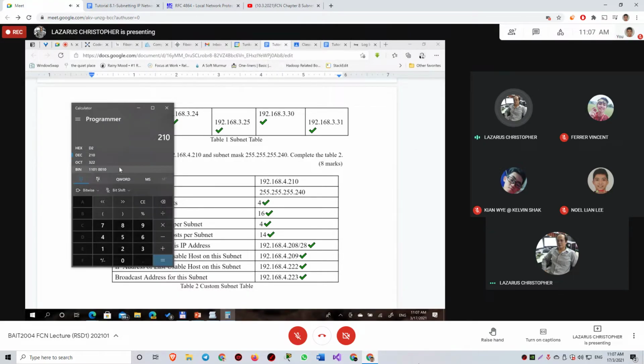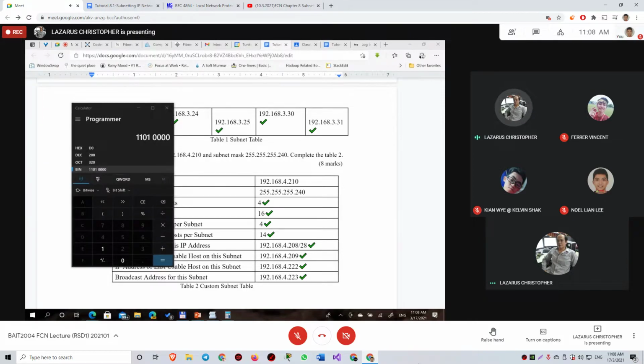So we plug it in, 11010000, so 208. And that's your answer. That's the fastest way to get it. Do the ANDing. And don't forget, the network address needs the prefix. So this is slash 28 because 24 plus 4 bits borrowed is 28. All right, so we got that.